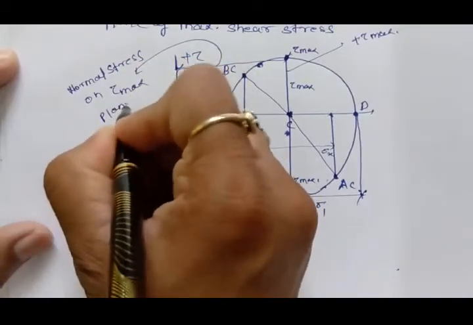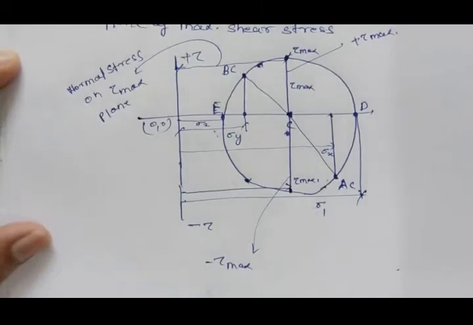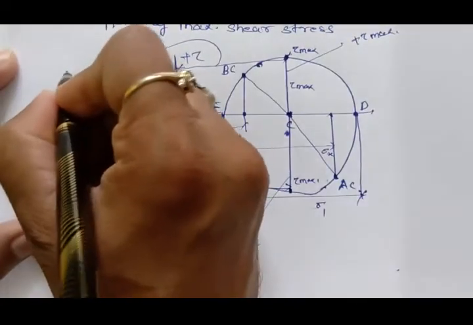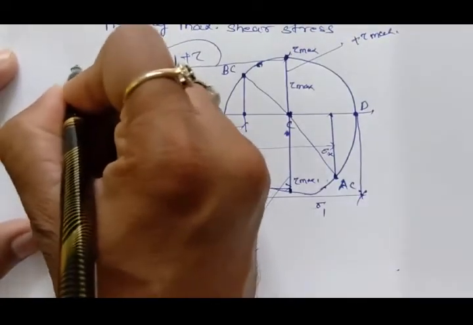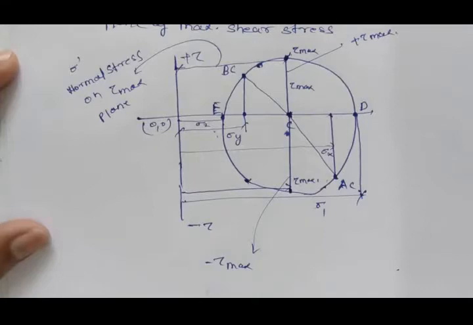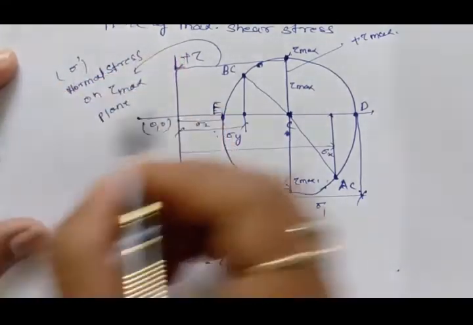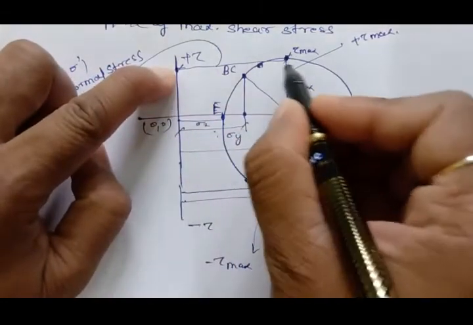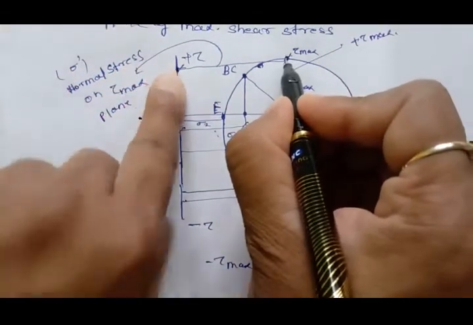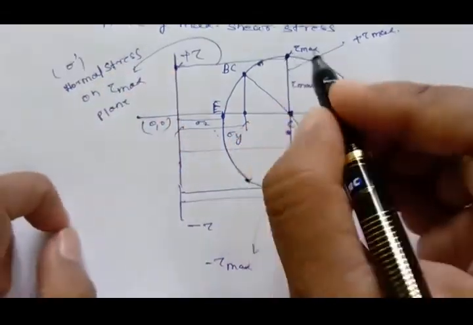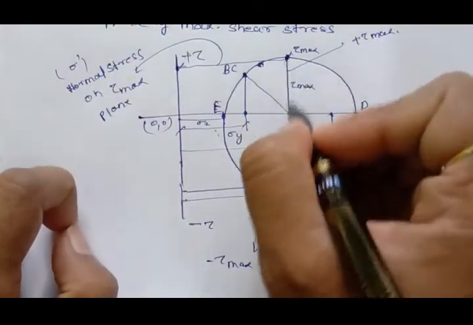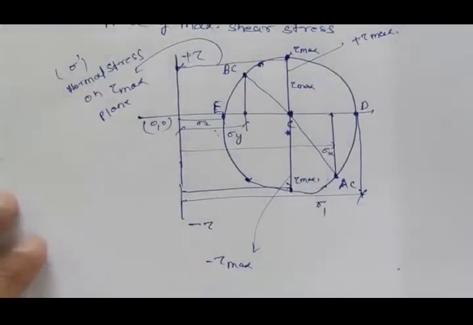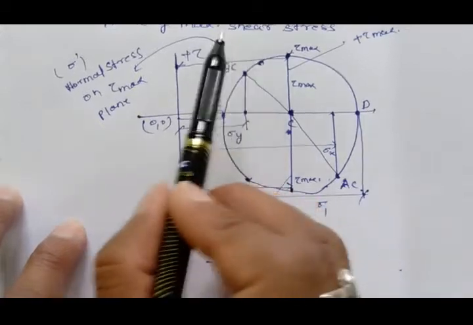Already we have discussed in the analytical method how we can calculate this normal stress, which we denoted in the previous lecture by sigma prime. So sigma prime you can directly measure from this to this length. This will be the normal stress on the tau max plane, and from here to here it will be tau max. Now the next question is, where is the plane of maximum shear stress?